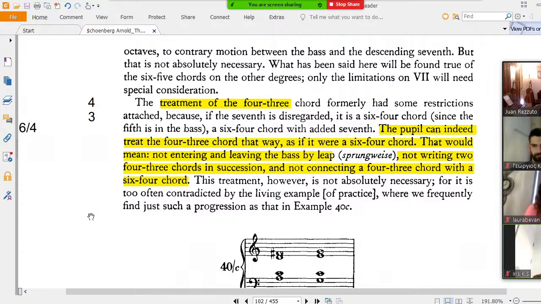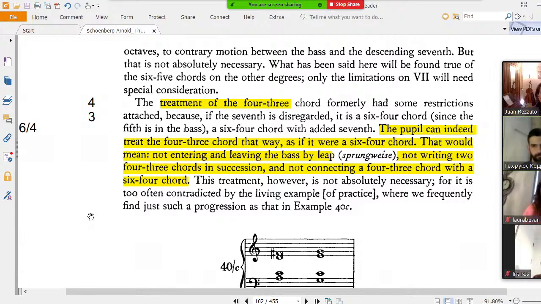Remember chapter 1 in the Kaplan, when these chords are used as passing and neighboring. Exactly. If you're using tonic prolongation or any prolongational chord, that's 6-4, because its nature is unstable and it's going to resolve.